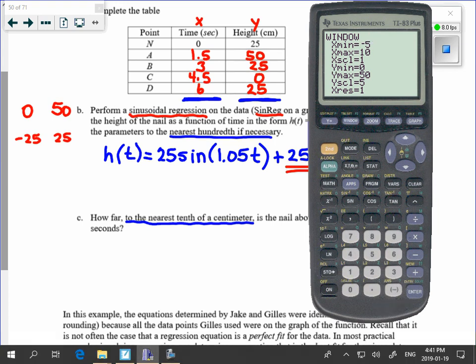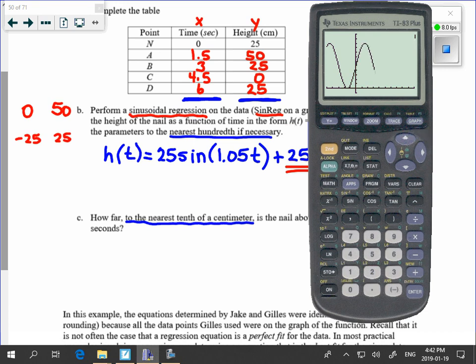So maybe let's go -5, and then instead of 6, we'll go up to 10. Maybe we should do that as well on our y max and min. Instead of going just to 50, which is our max, let's go to 60 instead. And same with our min value. Instead of 0, let's go just a little below that, -5. Okay, and then we'll be able to see it.